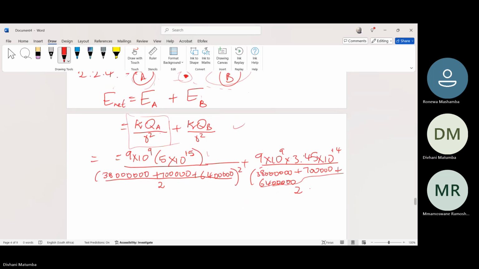Okay. So how much are you guys getting? Because I got 6.106 times 10 to the power of 9. And the units is newtons per coulomb. That's the unit for electric field.